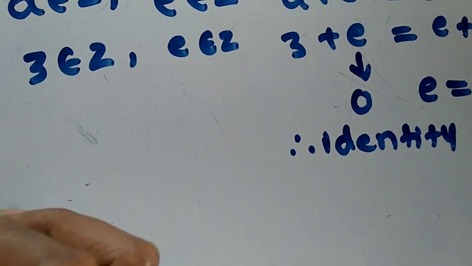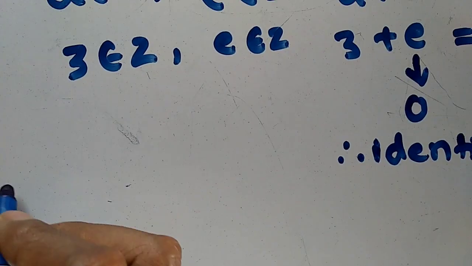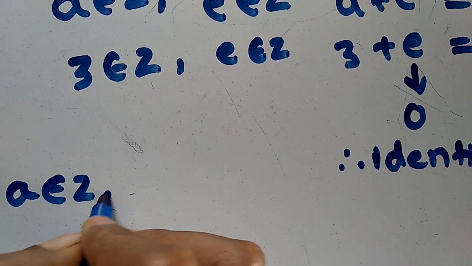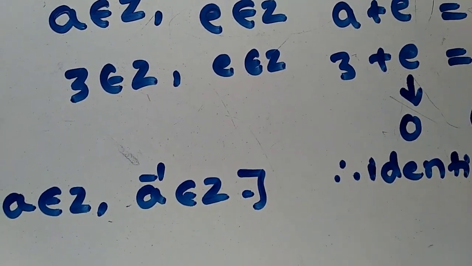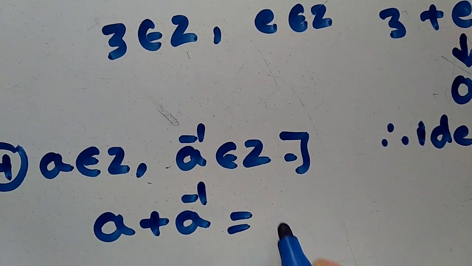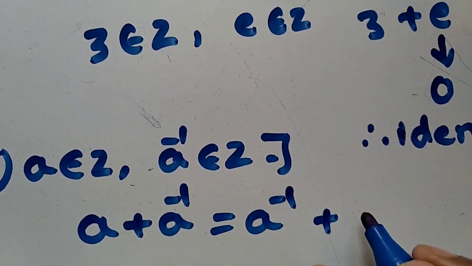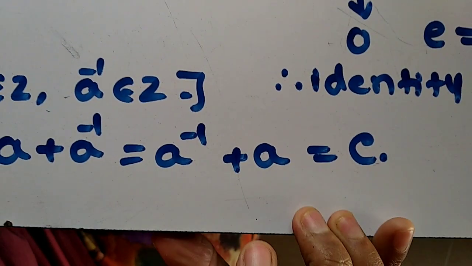So next, the last one. What is that? Inverse. So what is the inverse condition? A belongs to Z, A inverse also belongs to Z, such that A plus A inverse and A inverse plus A are equal to the identity element.